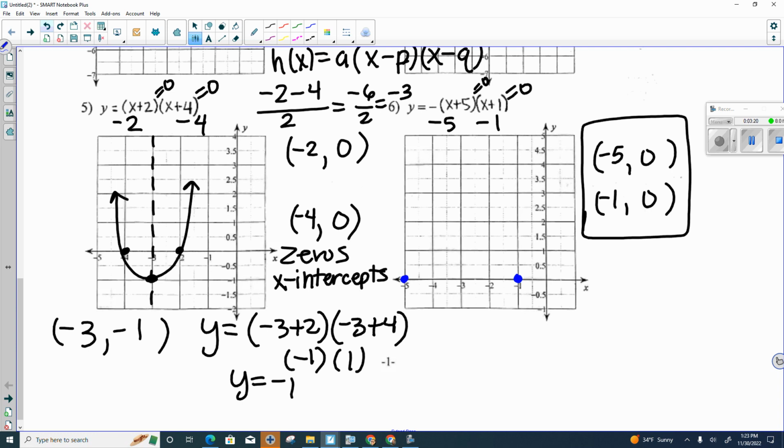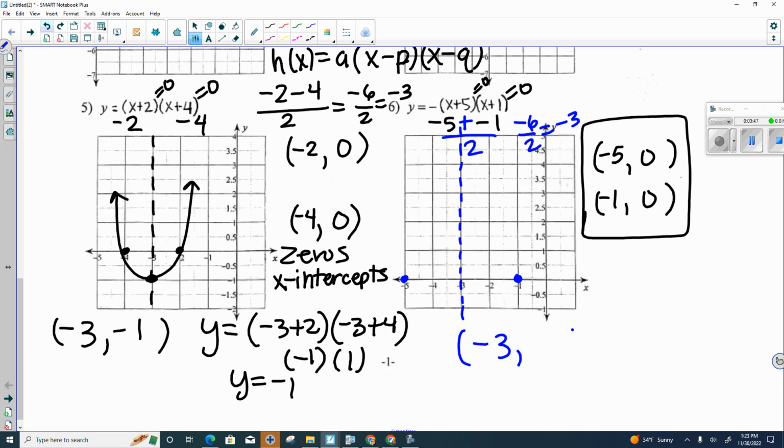x-intercepts. And once again, I can see my axis of symmetry. It's right directly in the middle. This happens to be negative 3 again. But to find it mathematically, I find the average of my 2 zeros, or my 2 x-intercepts. And again, I'm not surprised it's a negative 3 because I found the middle visually.